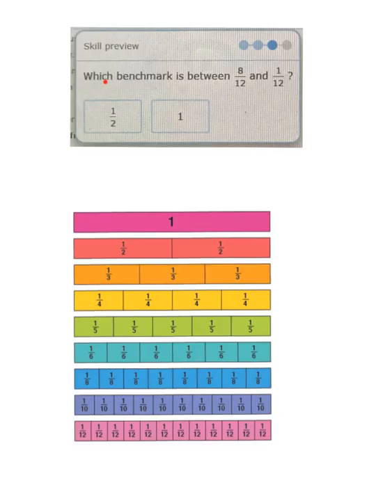So our first example is which benchmark is between 8/12 and 1/12. Our options are 0, 1/2, and 1. I'm hoping you can just think about this and think, okay, 1/12 is really small. Always thinking about our pizza.